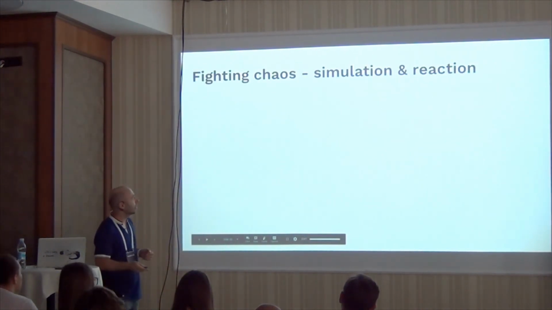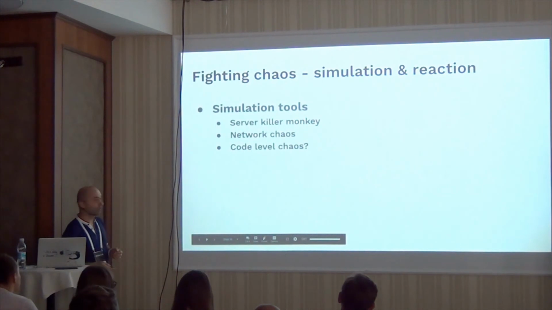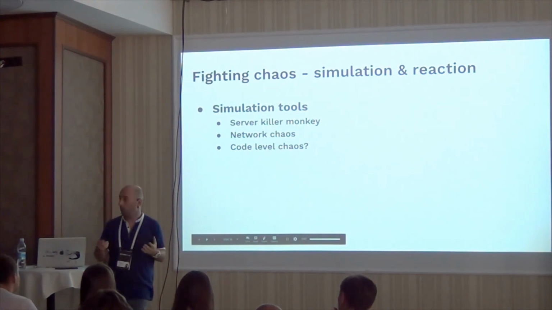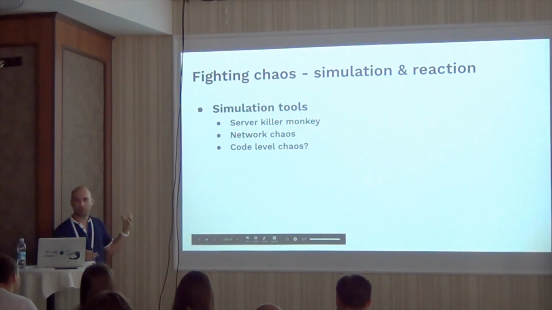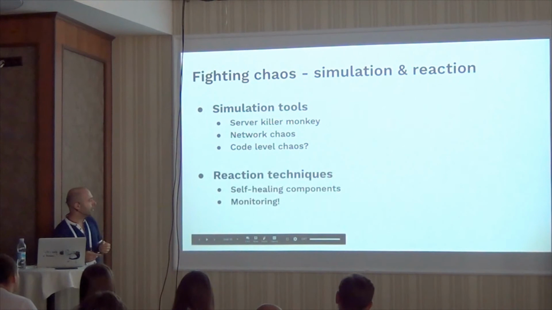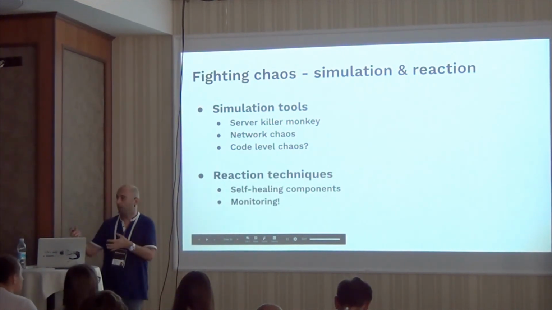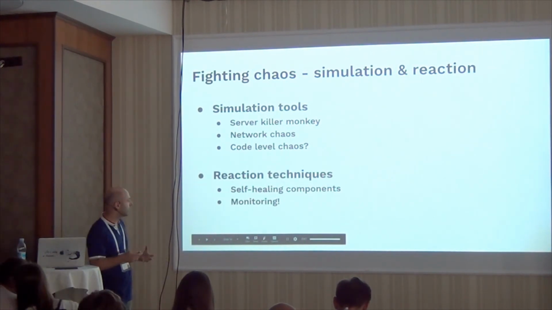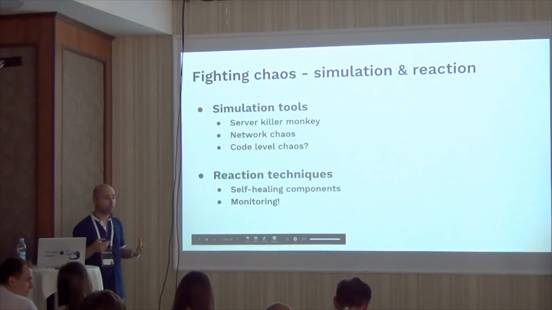So we can generalize and say that chaos testing is about, first, simulation tools, like a server-killing monkey, tools that create network outages, maybe also some code or process-level chaos, let's see soon. And then reaction. Your reaction is to handle it, do the best that you can given the chaos. And second, monitoring, very critical.